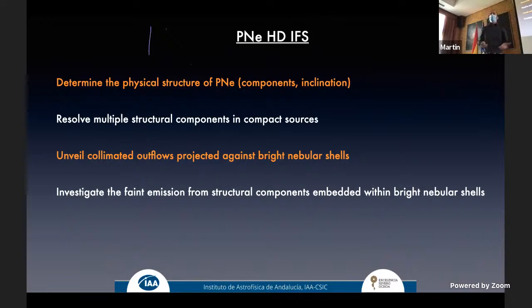So I think there is a lot that can be done with this kind of observation that we are applying to planetary nebulae. And we are also now moving to nova shells, to nova remnants, because they also have very high velocities, and we can see the different components of those shells.